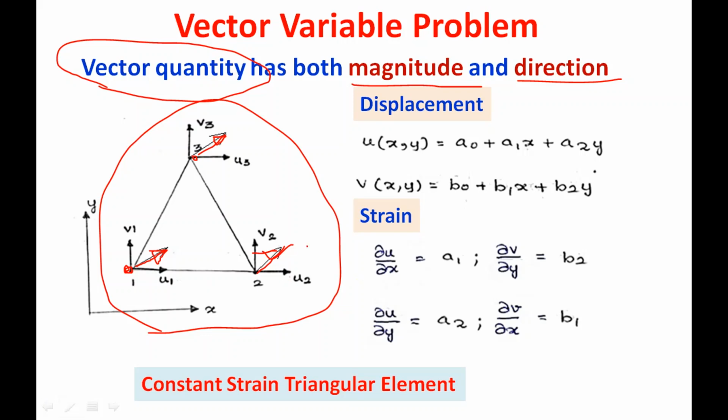In FEA we are using the term displacement, while in strength of materials we call it the deformation of the body which is subjected to external force. These are the actual displacements taking place at each node. Each displacement has its own, different direction.